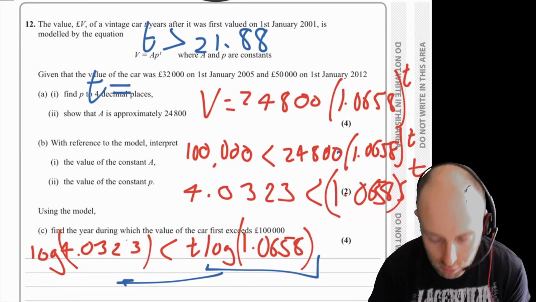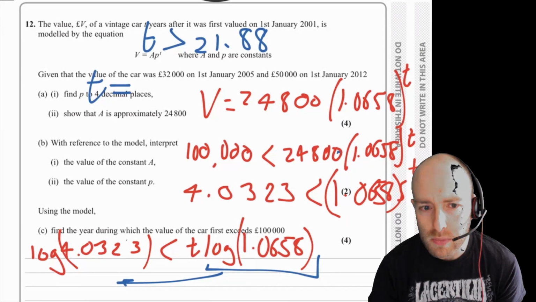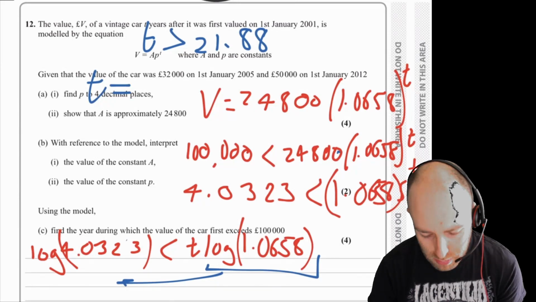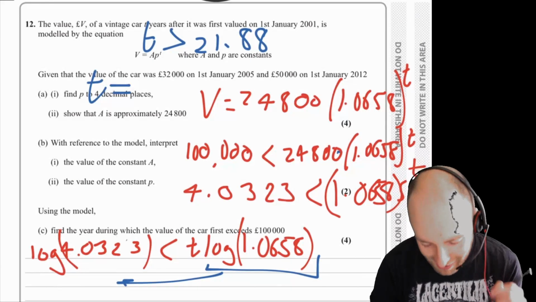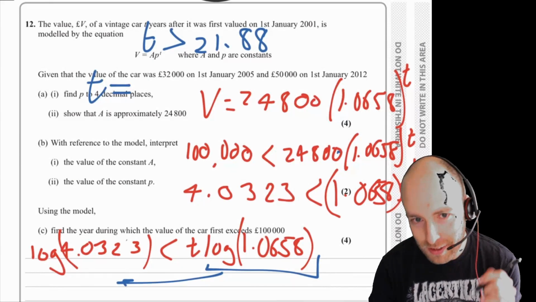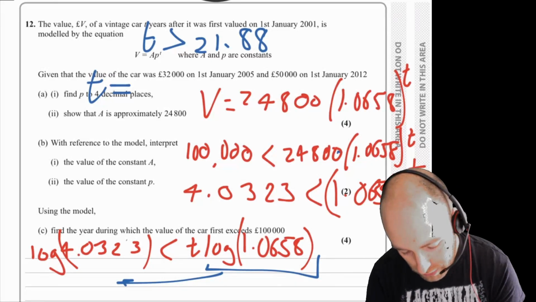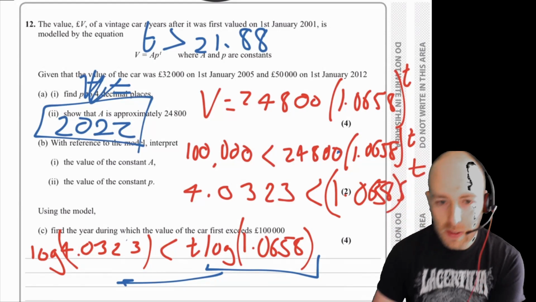So which year is it going to be during? It looks like it's during the 21st year. So it's the 21st year after 2001. That makes sense.